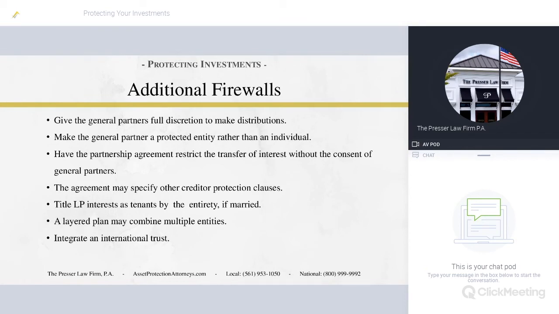In terms of other assets, and I said I was only going to touch upon this briefly, other assets that you might layer with your limited partnership, the best example is going to be a piece of rental property. Let's say you own a piece of rental property, you want it protected. Well, generally real estate we're going to put inside an LLC, a limited liability company. That limited liability company, instead of being owned by you directly, might be owned by the limited partnership. Why would that work?